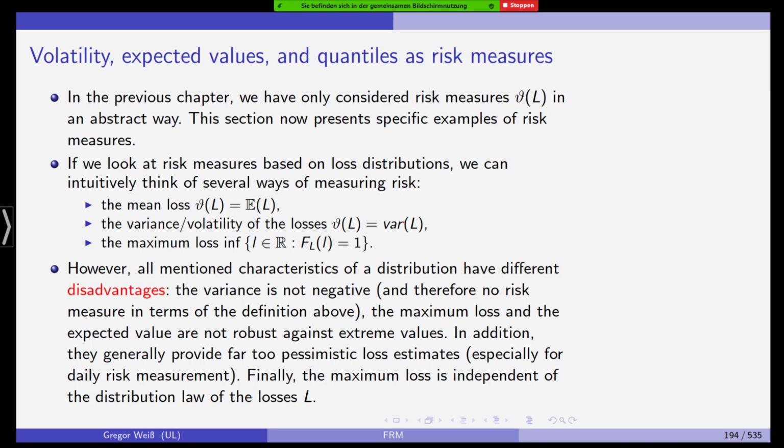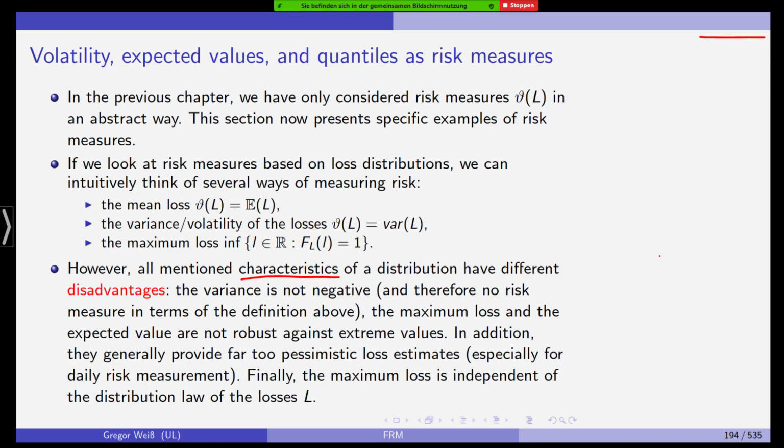Now, all these mentioned characteristics of a distribution, they should be moments, and Kennzahl, good translation here. All these moments of a distribution, they all share different disadvantages when it comes to risk measurement. For example, let's start with the variance or volatility. The variance and volatility is non-negative.